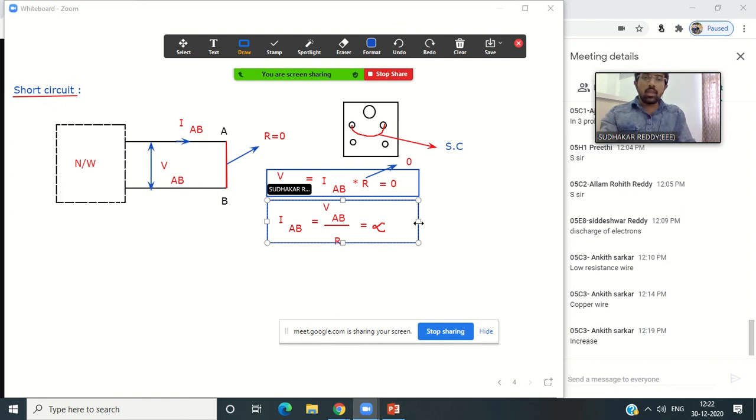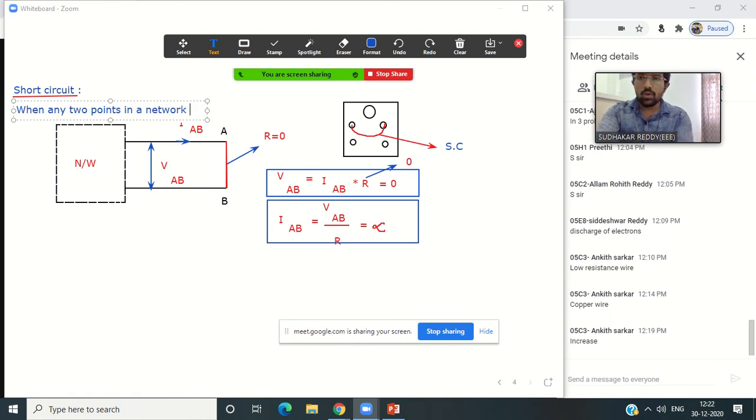Good. All of you keep it in mind and note down the definition of short circuit. Note it down parallelly.